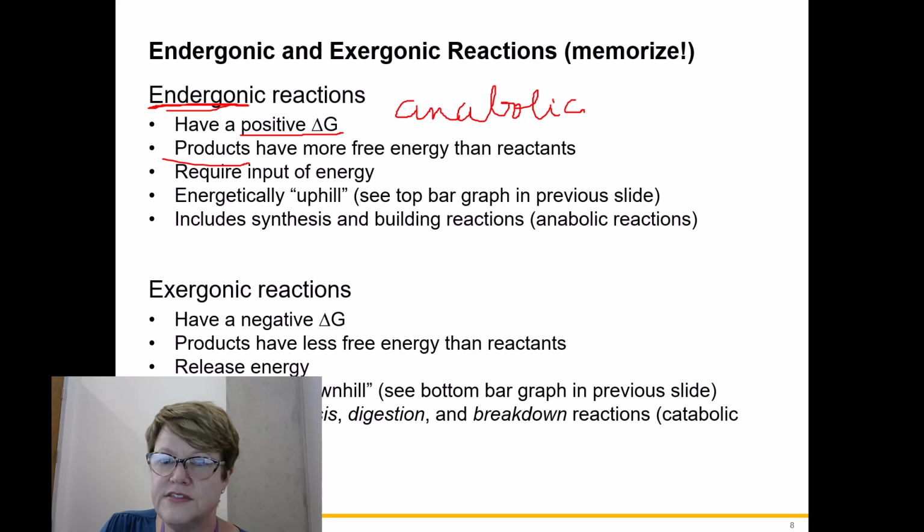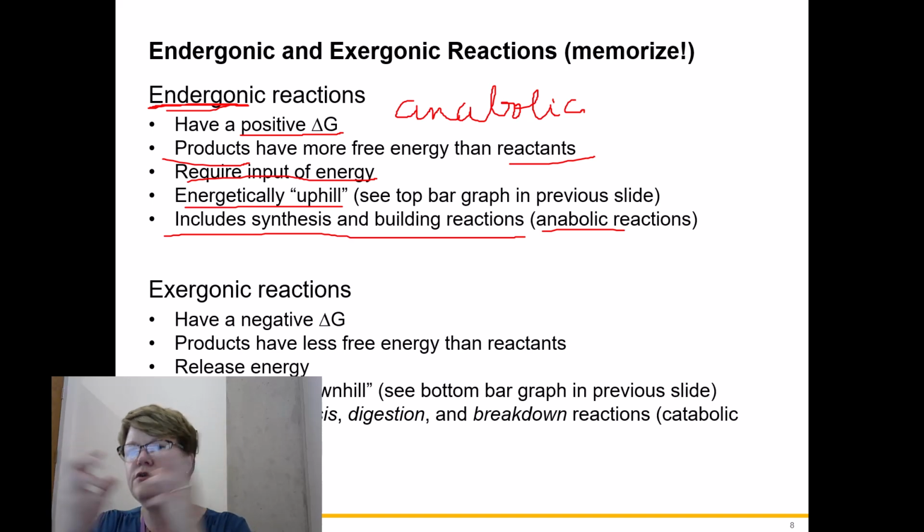Their products always have more energy than their reactants. There has to be an input of energy during the reaction. The reaction goes uphill, and it includes synthesis and building reactions, anabolic. So all those features and terms are part of that story.